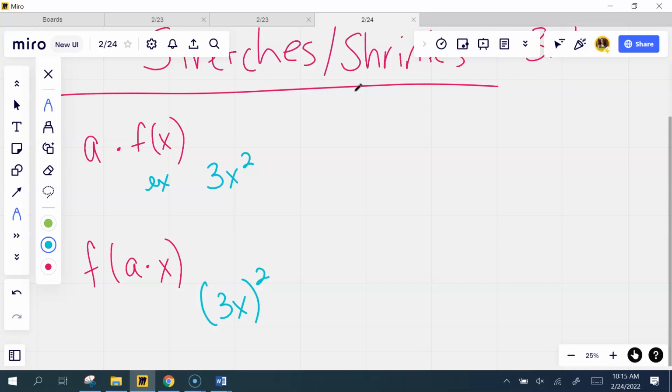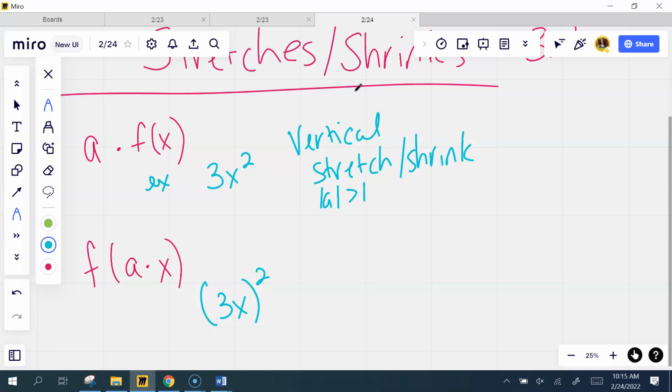If it's just in front, that's when it's a vertical stretch or shrink, depending on if my a is bigger than 1 or less than 1. So if you look on your sheet, it says if the absolute value of a is greater than 1, it's a stretch. And if the absolute value of a is less than 1, then it's a shrink. And we're talking about vertically.